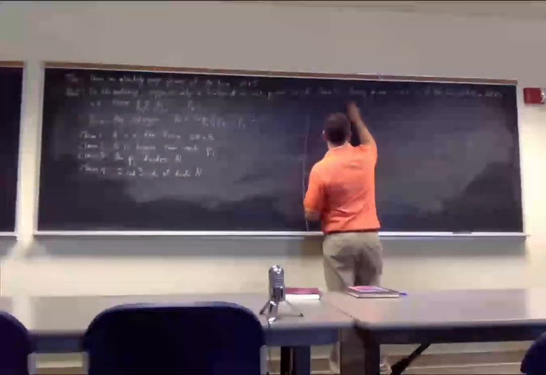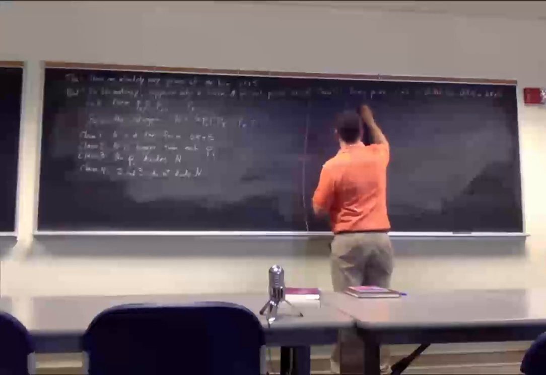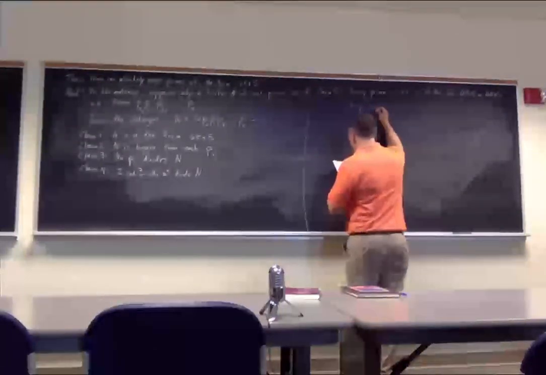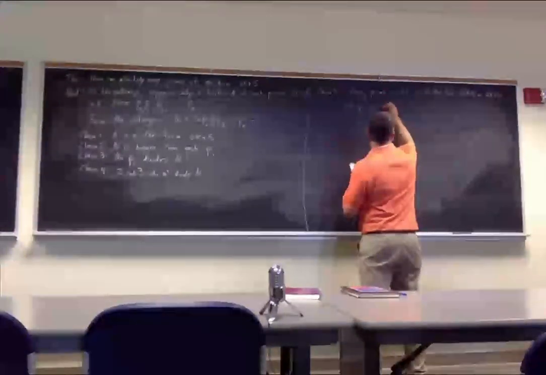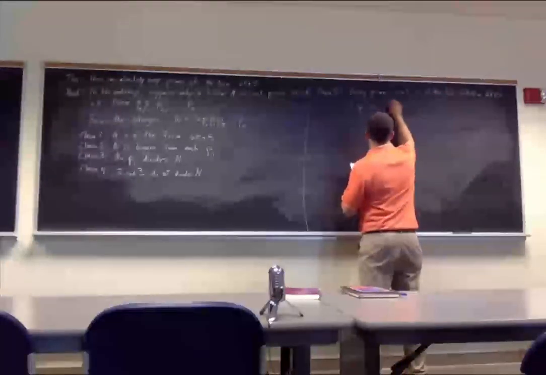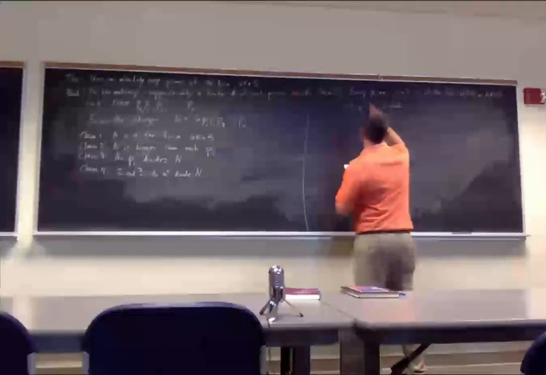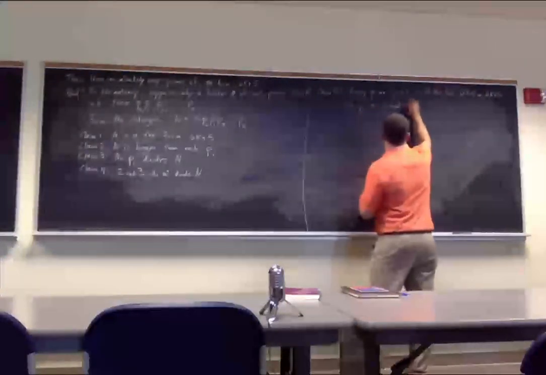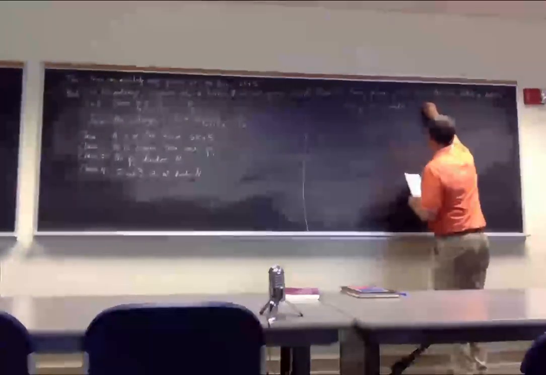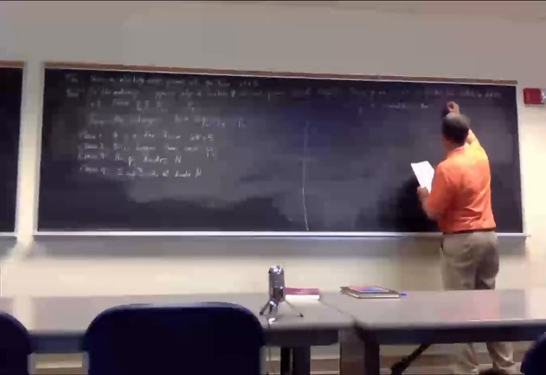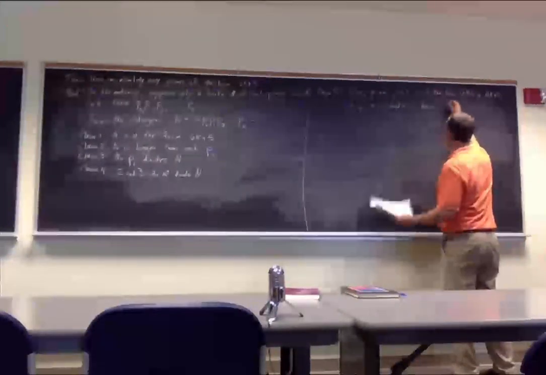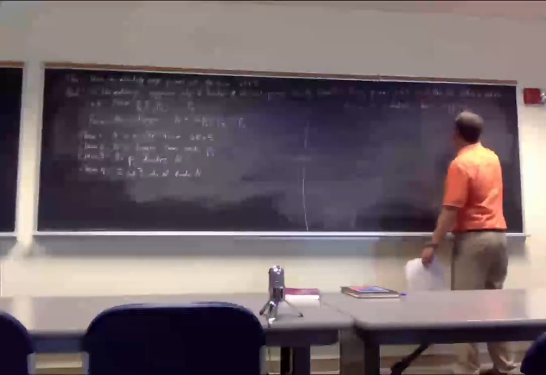So if p is congruent to 0 mod 6, then it's even, so 2 divides p.